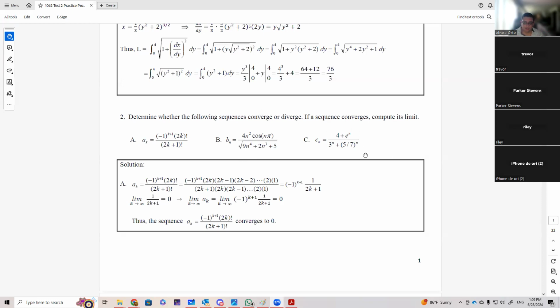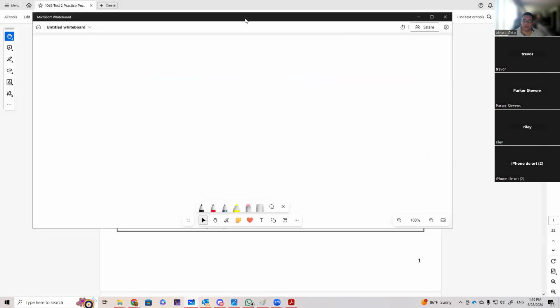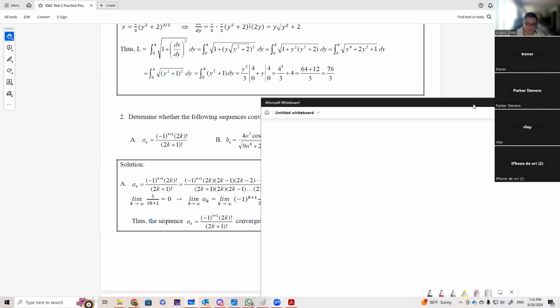And this is something that we're going to be able to evaluate just with the limit, or with just using the theorem by saying this is a decreasing or increasing and bounded sequence. And so that's going to be convergent. Those are the two different criteria that you can use for convergence of sequences.